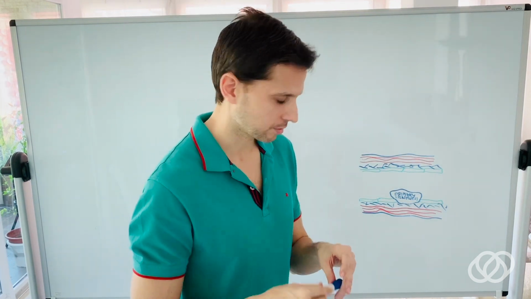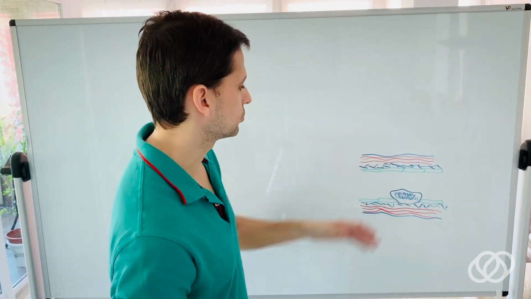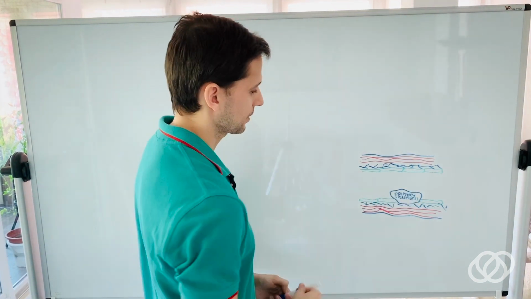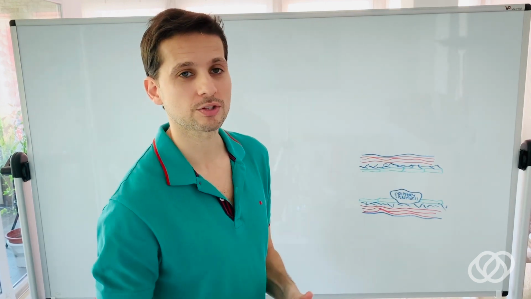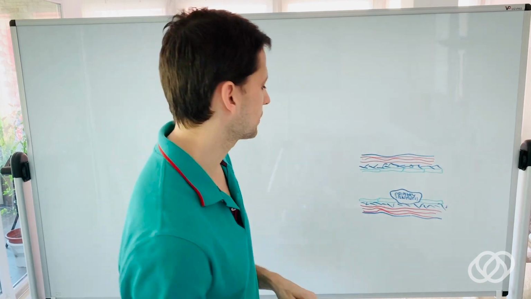And then this clot is enough to avoid the blood going out of the vessel, but it's very weak. So we need something stronger to stabilize the clot.